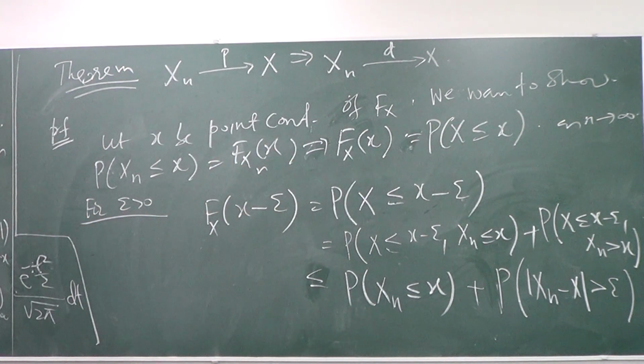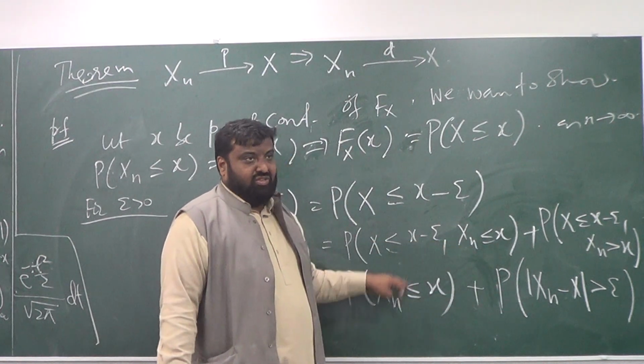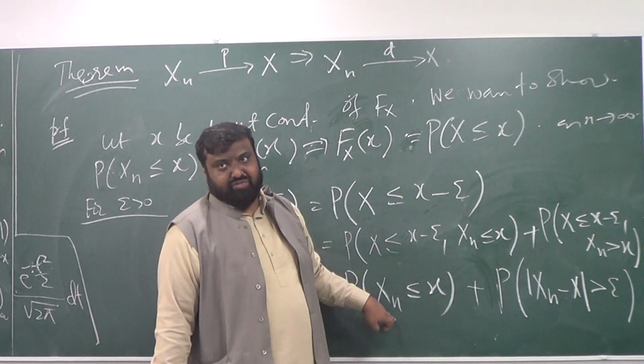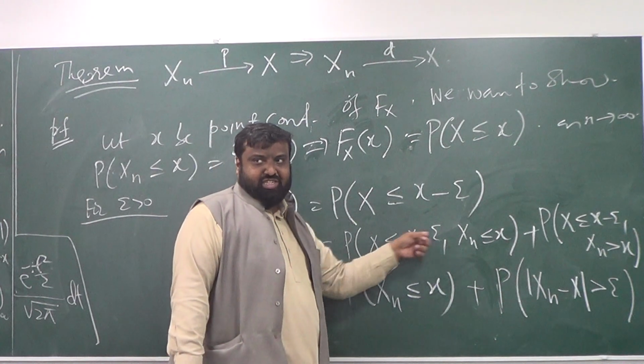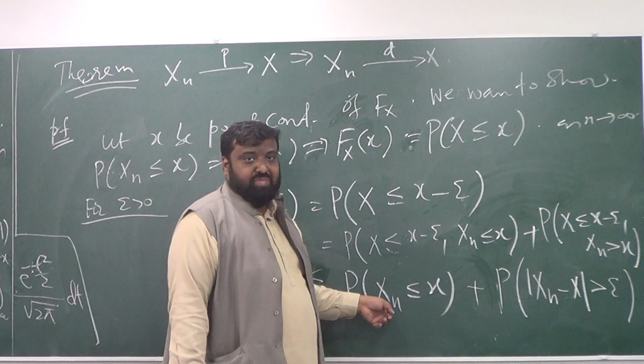Who can explain this miracle? So here's the thing. This is A intersection B complement and this is B. So A intersection B complement is part of B. So the probability of A intersection B complement must be less than or equal to the probability of B, for sure.